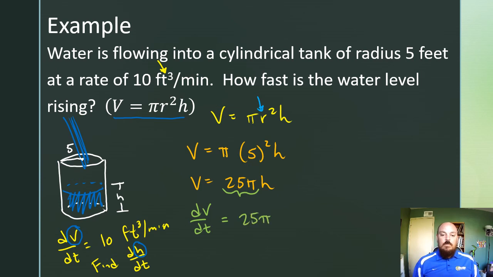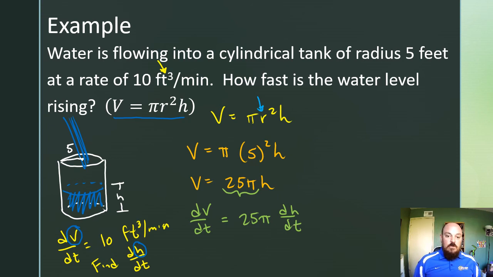So I get 25 pi. Now I also get a dH dt, but that's the chain rule part of it. But first, just recognize that when you have 25 pi h to the first power and take the derivative, you just get 25 pi. But I do also get a dH dt there.